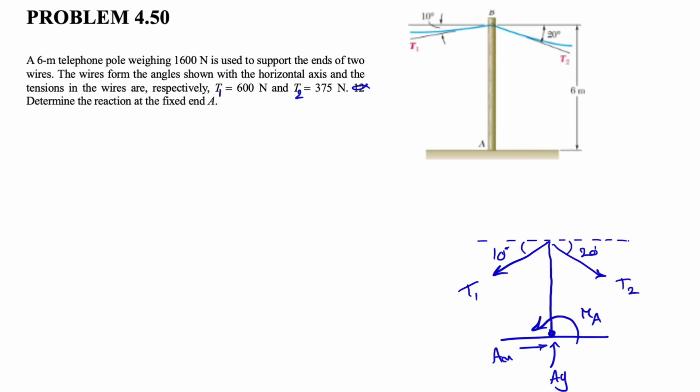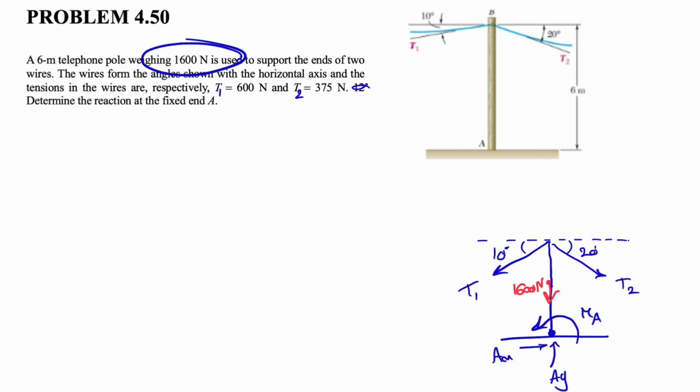Yeah, we missed the weight of the pole, which, let's show it in red so we can see it better. We have the weight of the pole, let's call this one 1600 Newton, which is applied at the centroid of this bar. And that's pretty much everything for the free body diagram, and we're good to go with our equilibrium equations.